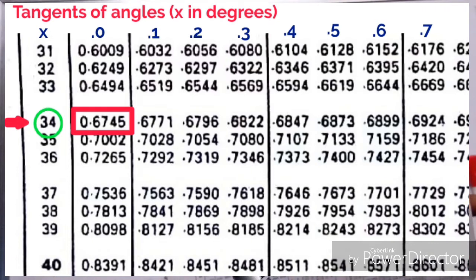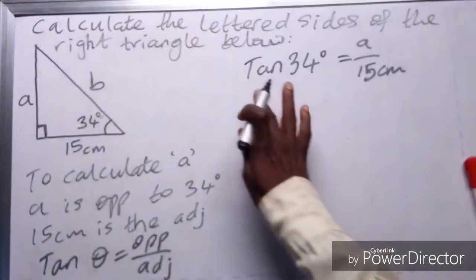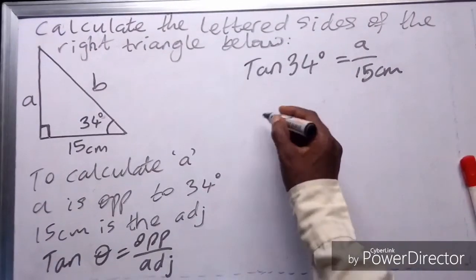You go under the column X and trace to 34, then move to your right under 0.0, because the angle is 34.0 degrees. There we have tan 34 degrees as 0.6745.